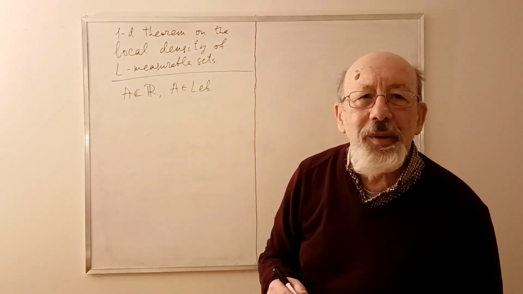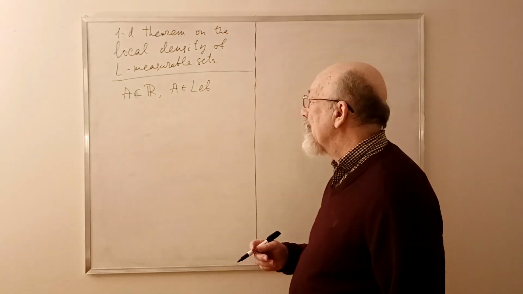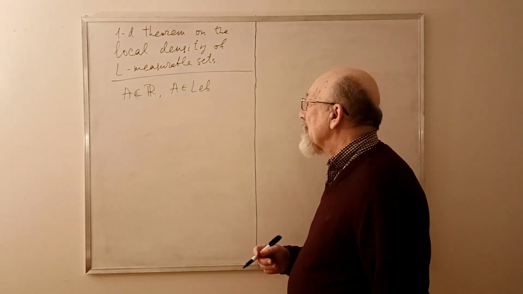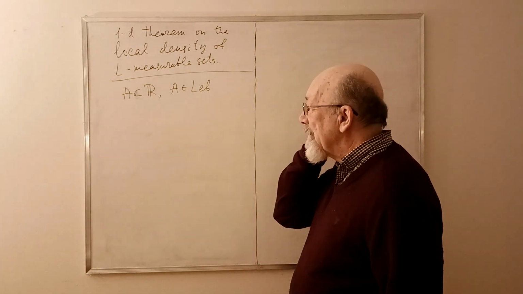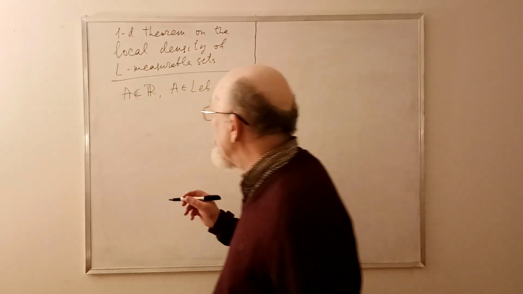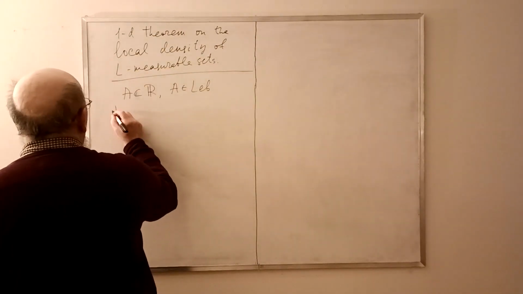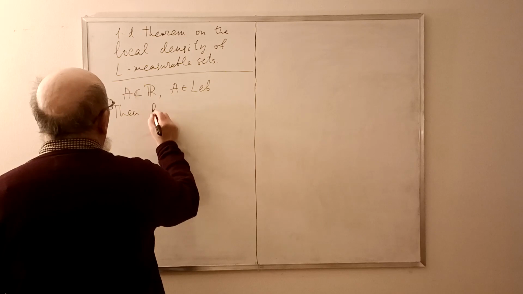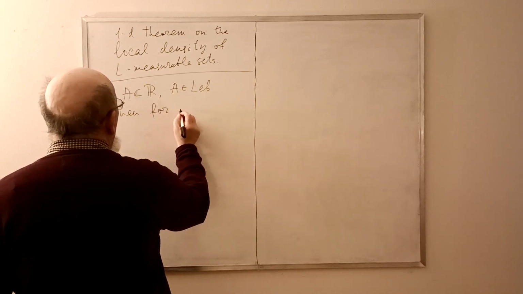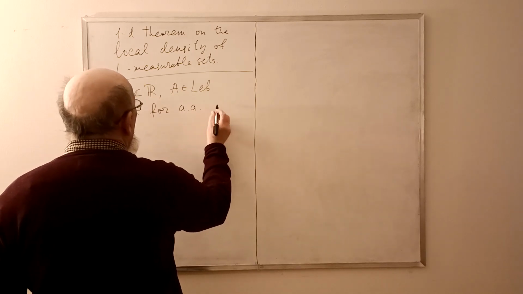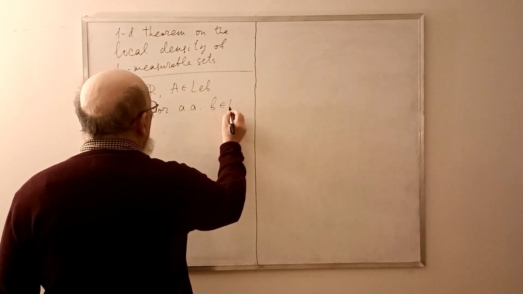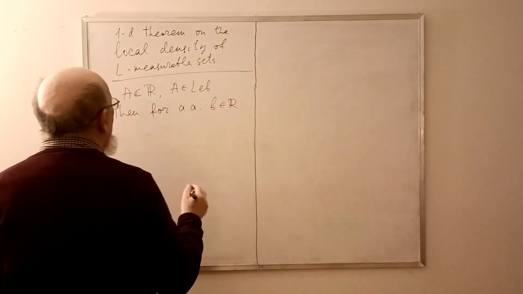Such sets are called Lebesgue measurable sets. So consider a Lebesgue measurable set A, then for almost all points B in R, the following is true.